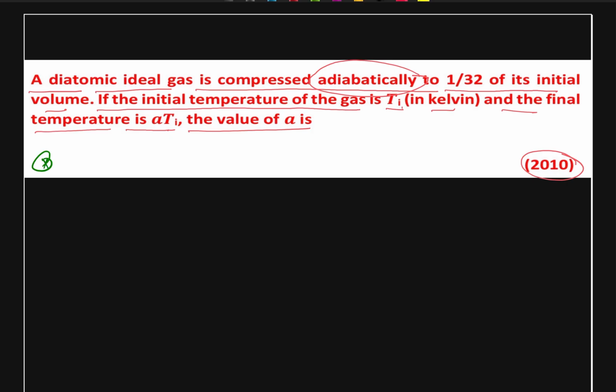For an adiabatic process, we can write that temperature times volume raised to power gamma minus 1 is equal to constant.